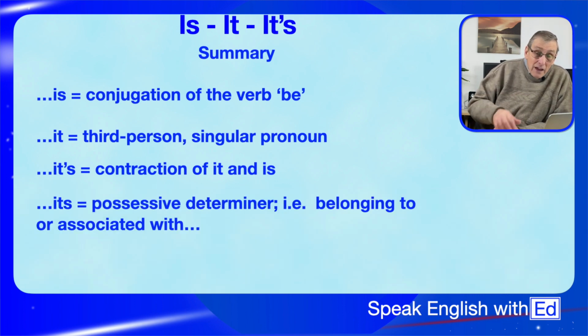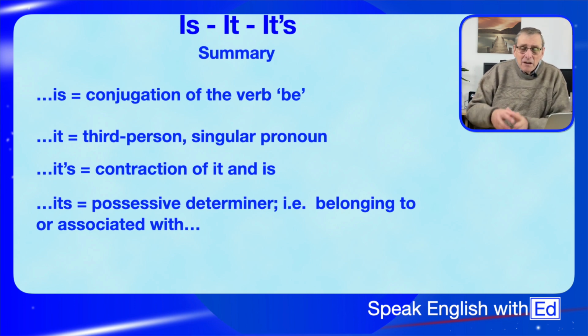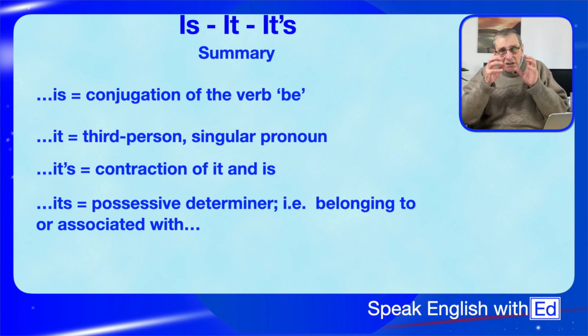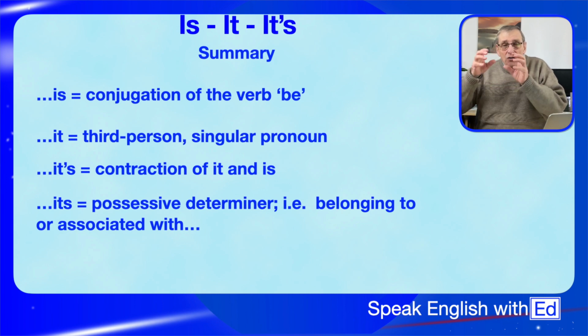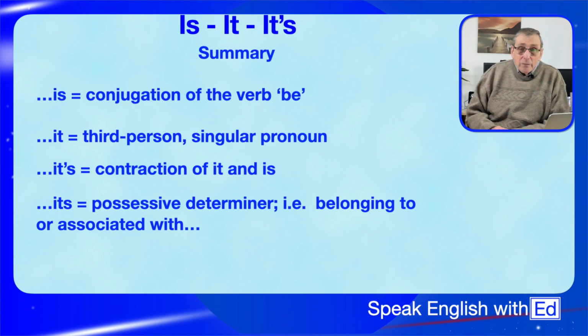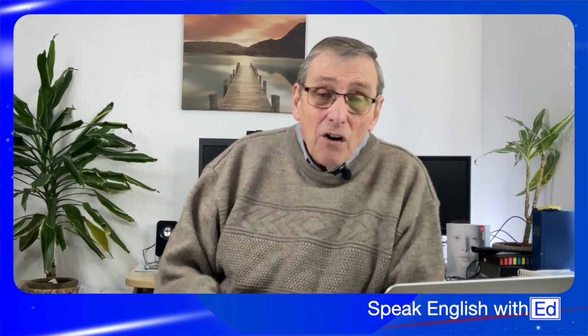And "its" without an apostrophe is a possessive determiner, and it means that something is belonging to something or associated with something. I hope that explains or helps you understand the difference, if you've been struggling or you're not quite sure of the difference between the two.